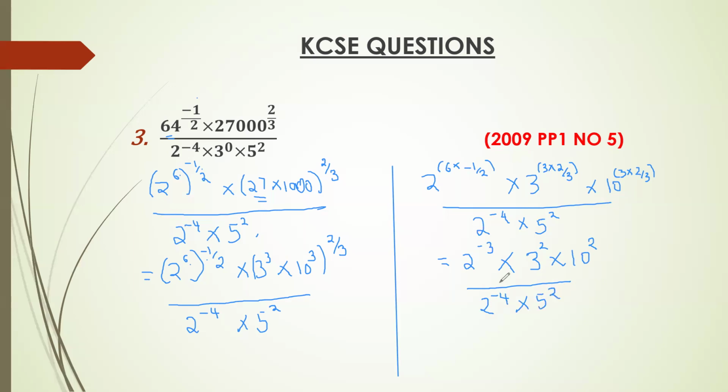Now, the 10 power 2, tutaka kuifanya into iwe mara mbili pia. So itakuwa 2 power negative 3 times 3 power 2 times 5 times 2 power 2, 1 over 2 power negative 4 times 5 power 2.